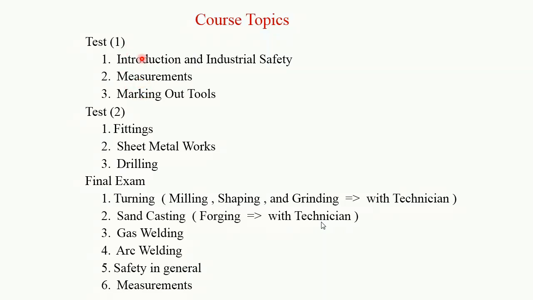The next 3 chapters, Fittings, Sheet Metal Works and Drilling, will be included for test 2, and the last 4 chapters, Turning, Sand Casting, Gas Welding and Arc Welding, plus Safety, which is the first chapter, and Measurements, which is the second chapter. So this makes 6 chapters for the final exam.